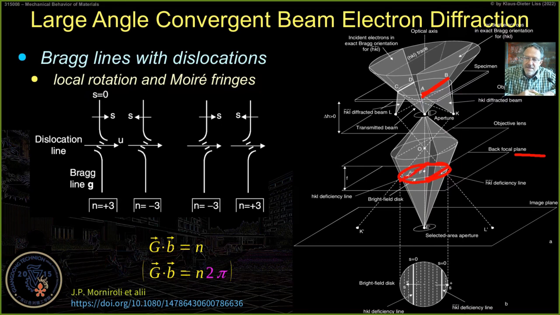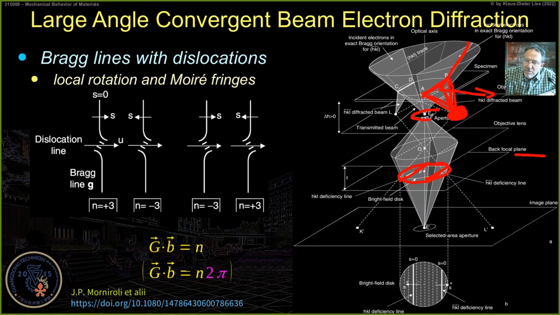And these lines are deficiency lines because the intensity is missing. Along these lines, intensity is missing because it is reflected here. It's reflected to this position. So it makes this Bragg reflection, as I said, by the scattering vector there. So incoming, outgoing, it goes to this position, to the right.